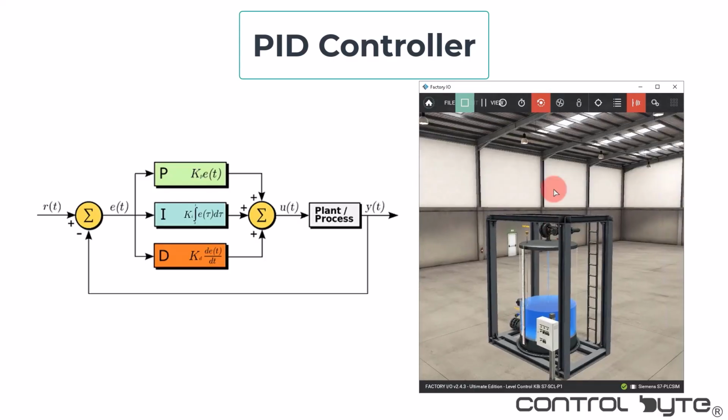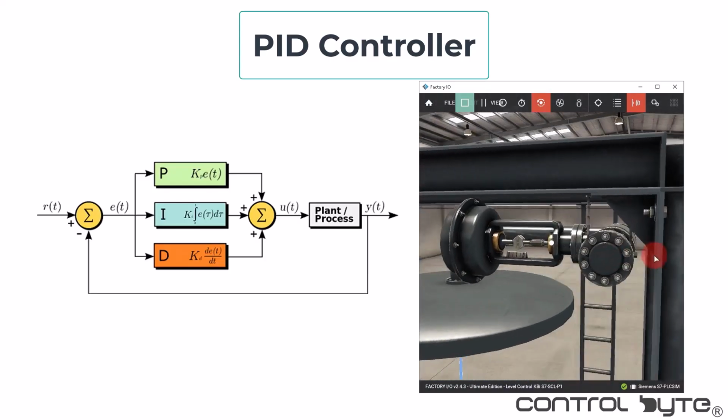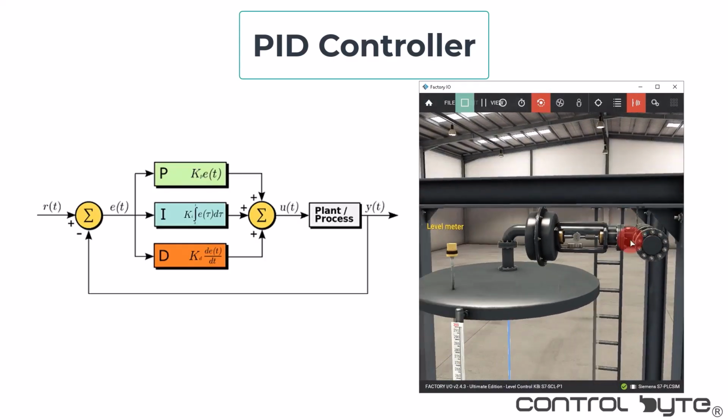One valve releases the water from the tank and the other valve fills the tank. Before we move on to the mathematical description of the controller, let's go to TIA Portal and define the basic variables such as the set point, the measurement signal, the error variable, and the control signal.